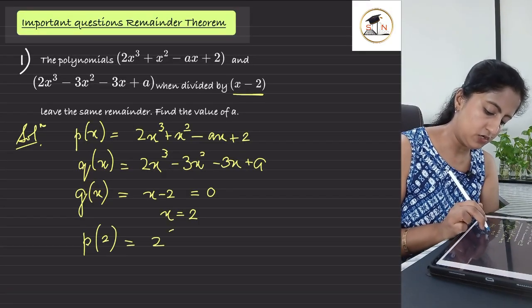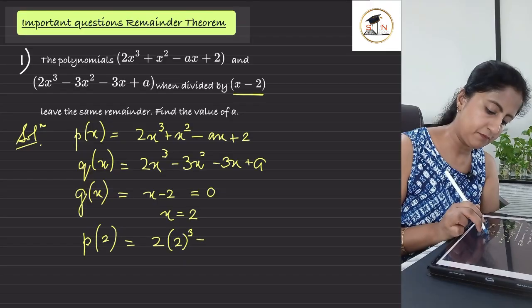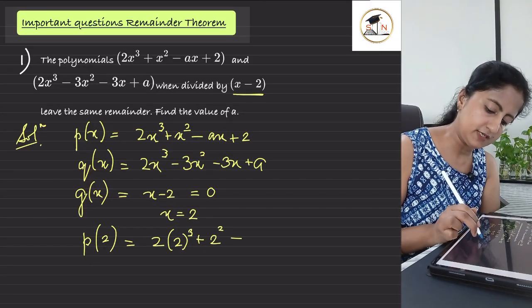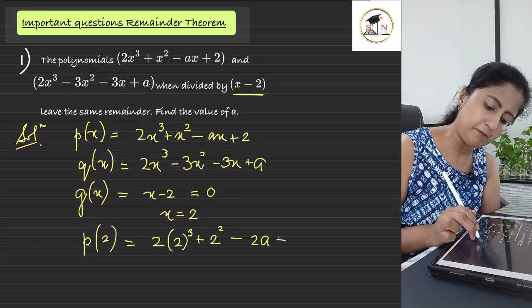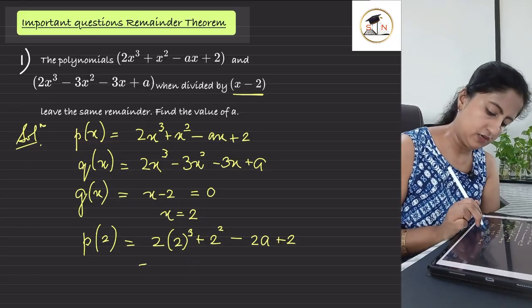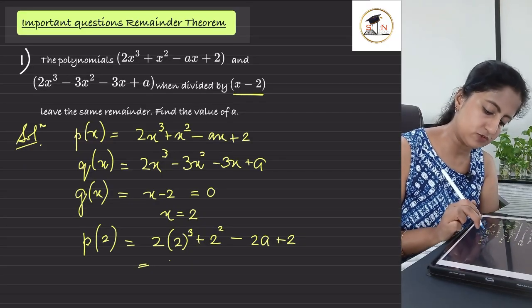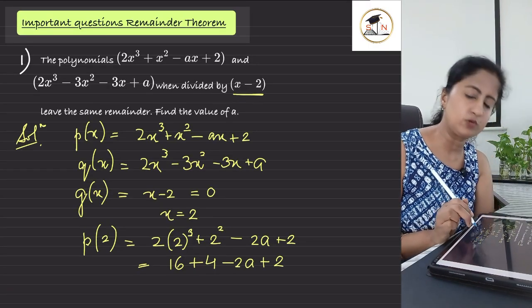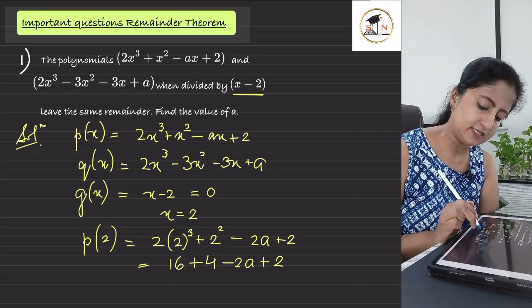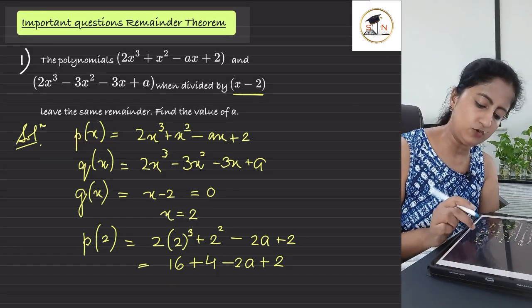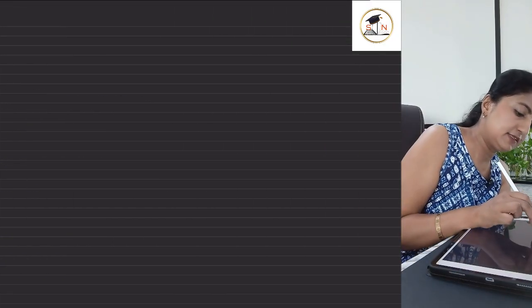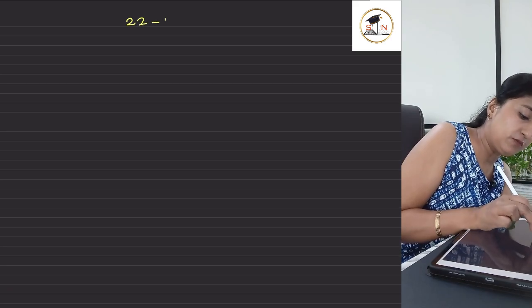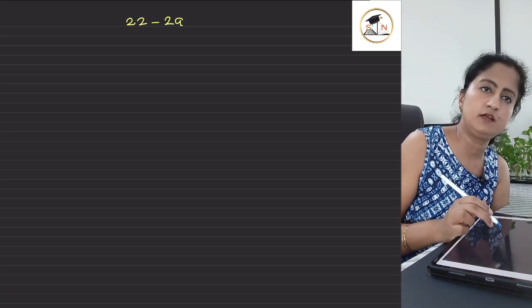This will become 2 times 2 cube plus 2 square minus 2a plus 2. Now, 2 cubed is 8. 8 times 2 is 16. Plus 2 square is 4, minus 2a plus 2. So, what do we get over here? We get 16 plus 4, 20, 22 minus 2a. That means we have 22 minus 2a as the first remainder.